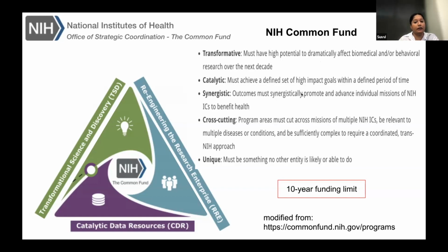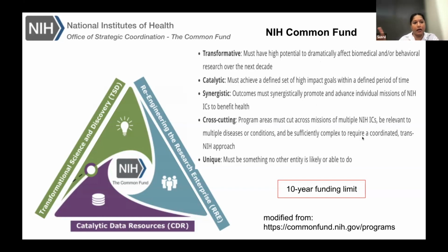They have to be catalytic, which means they must achieve a defined set of high impact goals within a defined period of time. They have to be synergistic, which means outcomes must synergistically promote and advance individual missions of NIH ICs to benefit health. And they should be cross-cutting, which means the program areas must cut across missions of multiple NIH ICs.